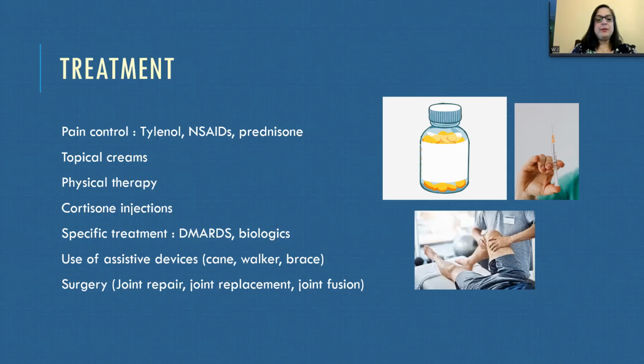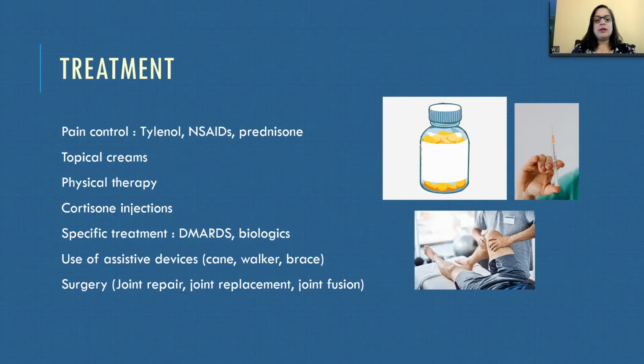Along with the specific treatment and medications used for arthritis, assistive devices are also used in treatment of arthritis. This is mainly to give stability and to prevent falls and injuries and problems that come along with it, including fractures and other things.